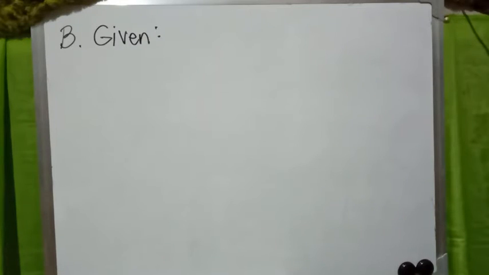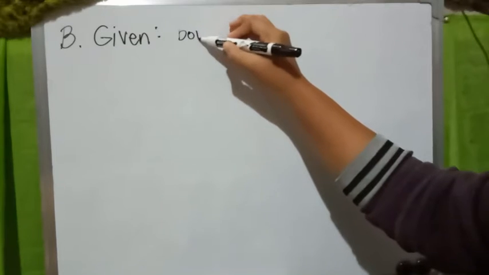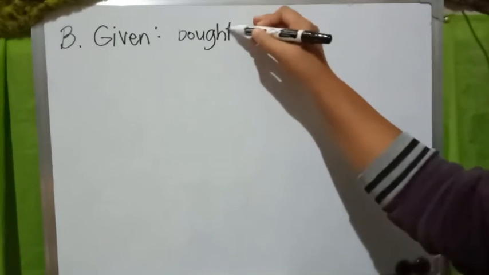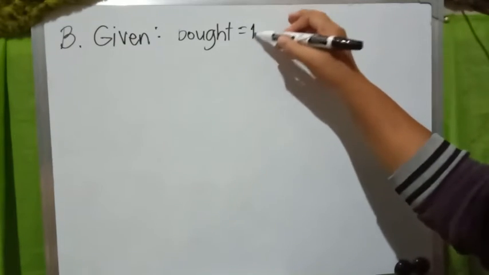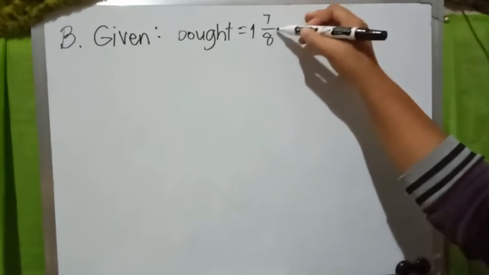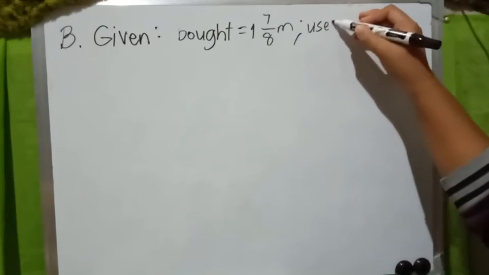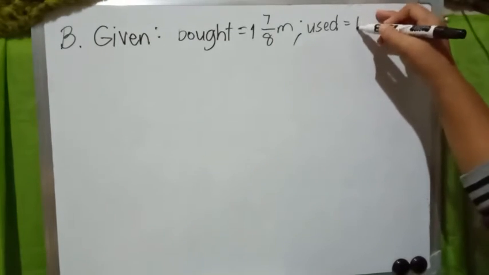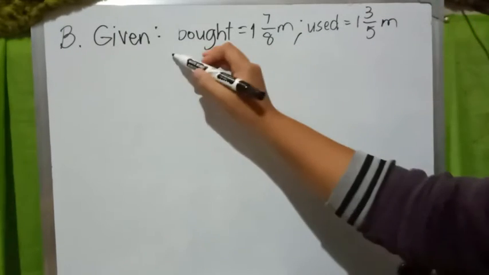Okay, let's have a look at the problem wherein we are pertaining to Katerina who bought a ribbon. So we have the given numbers: this is the bought ribbon wherein she has 1 and 7/8 meters, while she used 1 and 3/5 meters. So what is the keyword there?